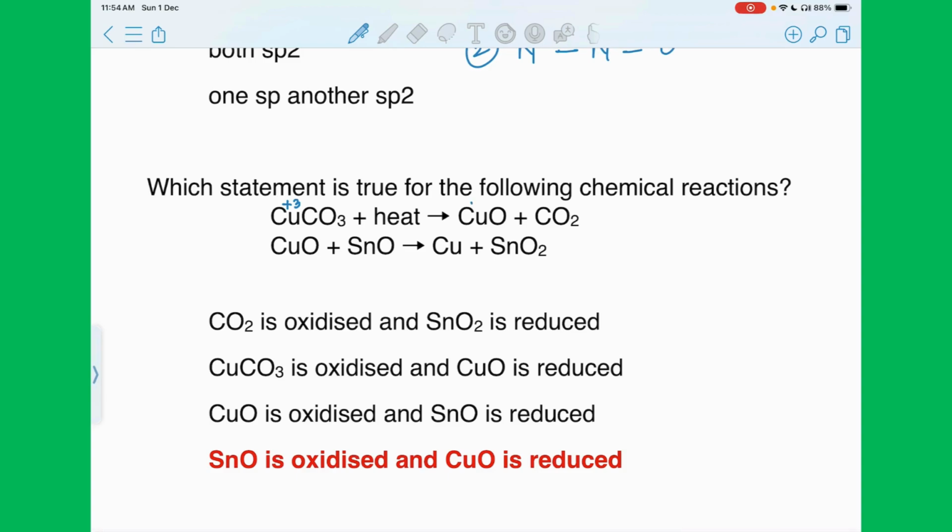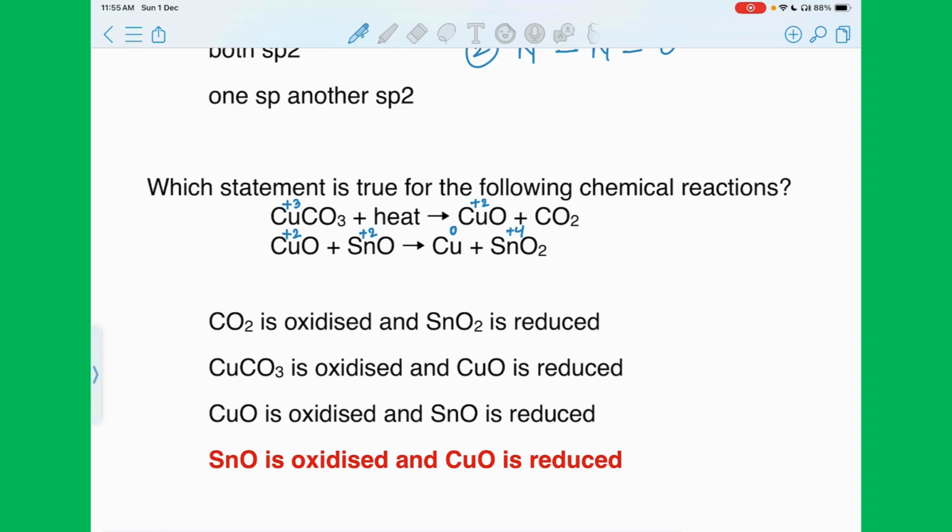It is getting converted into +2 oxidation state. In the second equation, here the copper is in +2 oxidation state and Sn is in +2 oxidation state. It is getting converted into elemental form 0 and there Sn is +4.